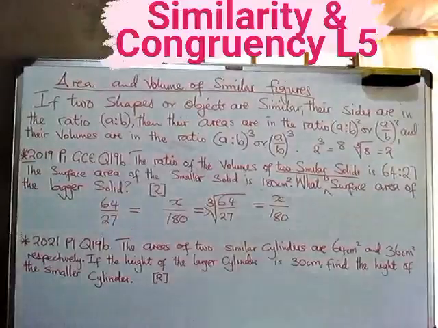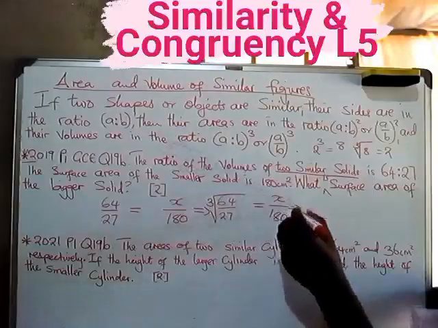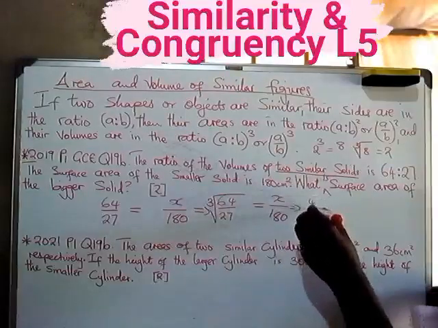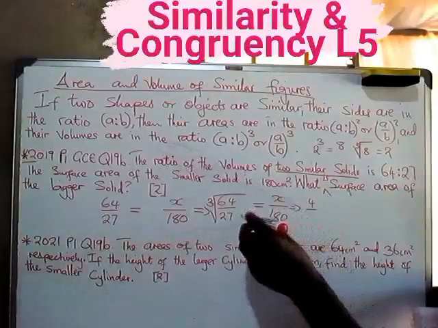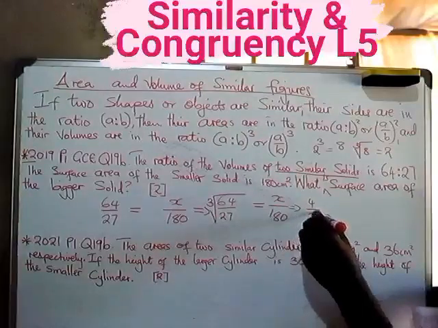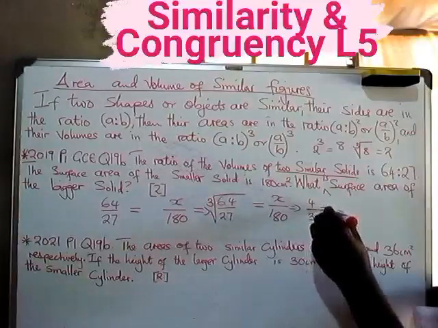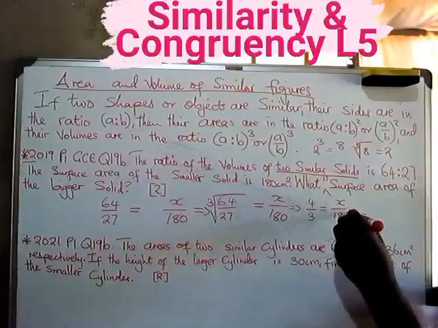Now we'll say the cube root of 64, the answer is 4. And the cube root of 27, the answer is 3. So we are going to have 4 over 3 is equal to x over 180.